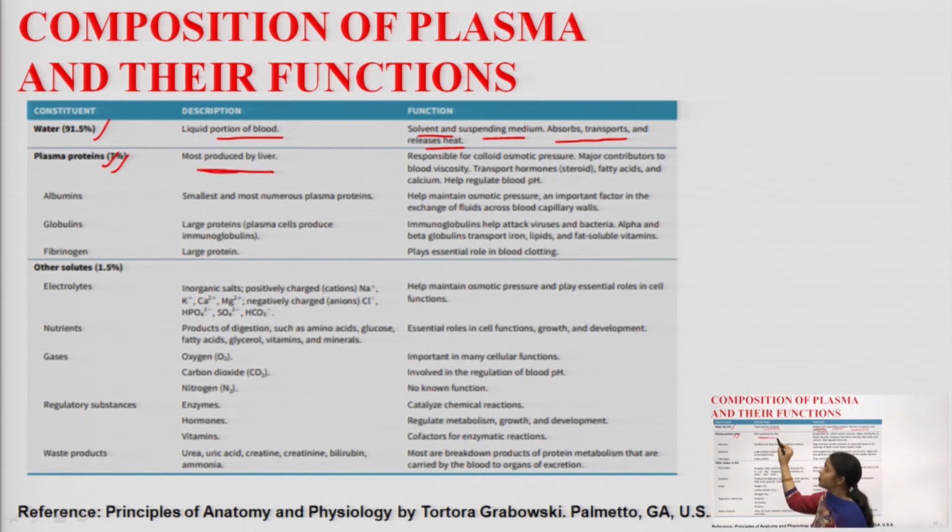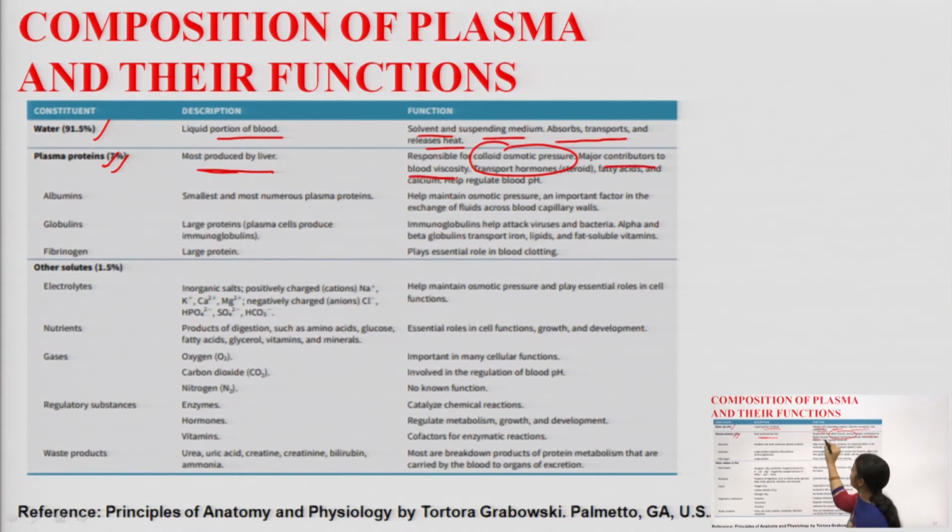They are produced by the liver and are responsible for osmotic pressure. As I told you, these plasma proteins are not able to escape through capillaries into the tissue. That's why they maintain the osmotic pressure.